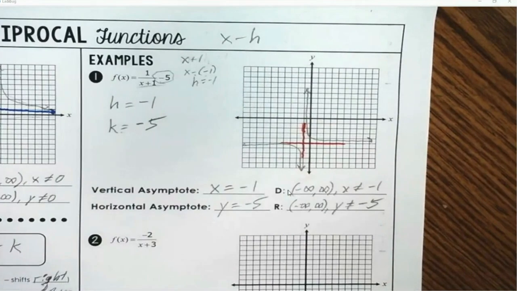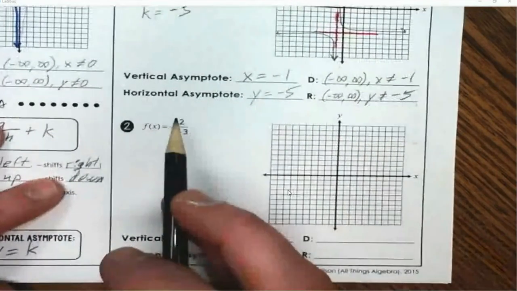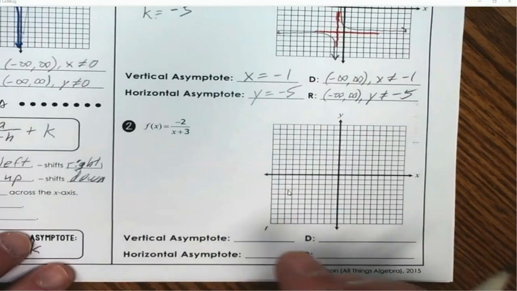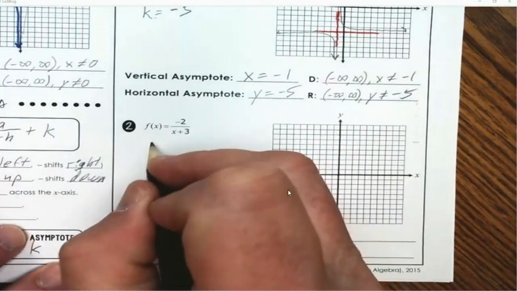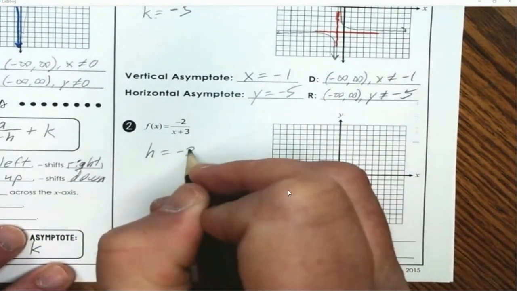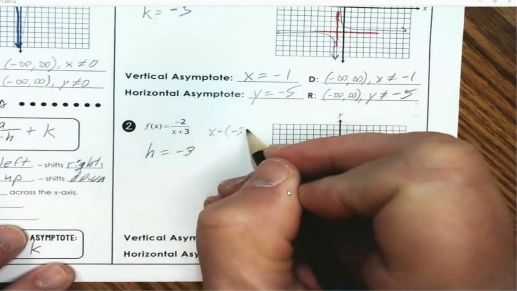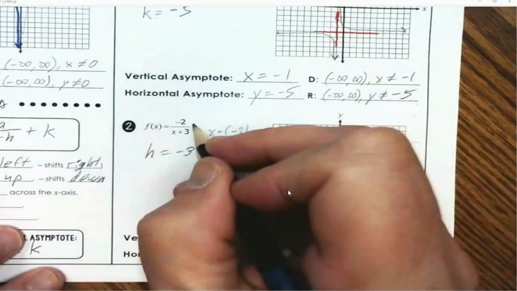Let's try another one. This one does not have a 1. It has a -2. Let's see what that does on the graph. We can see what the h is, x plus 3, so our h is -3, because x minus -3 would be x plus 3. The k, look, there's nothing out here.